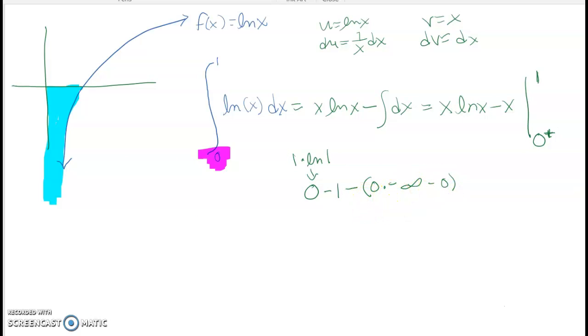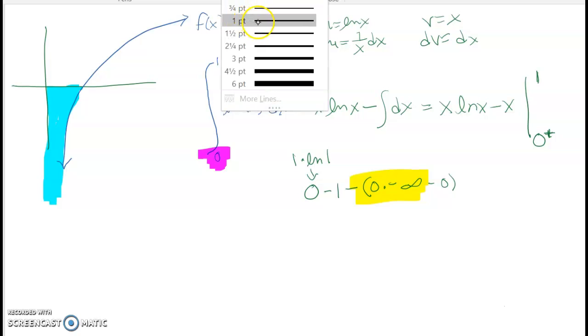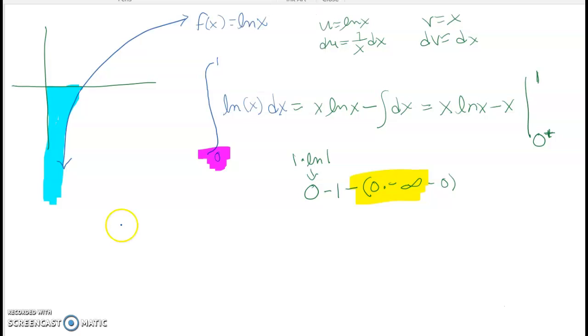But here we go. That's an indeterminate form. So that indeterminate form needs to be figured out as a limit. So hopefully we're getting used to this, and we kind of like the 0 times infinities because all we have to do is rearrange them. So we know we've got x ln x, and we need to rearrange it into a fraction.